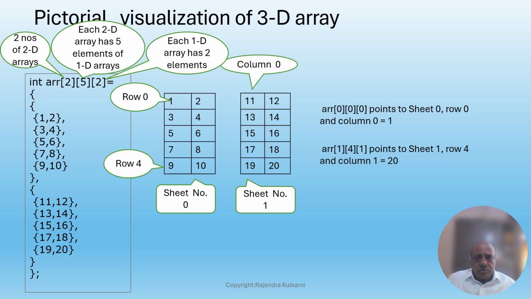So row 0, row 4, column 0, column 1. This is how we can visualize a 3D array. This visualization makes the imagination and treatment of the 3D array a bit easier.